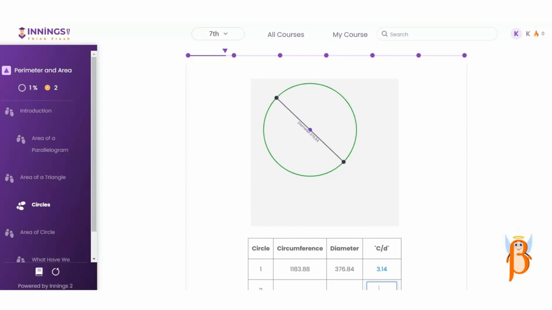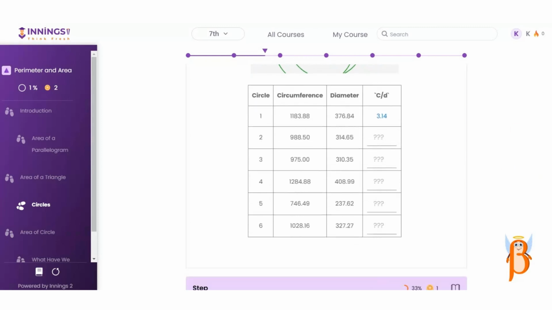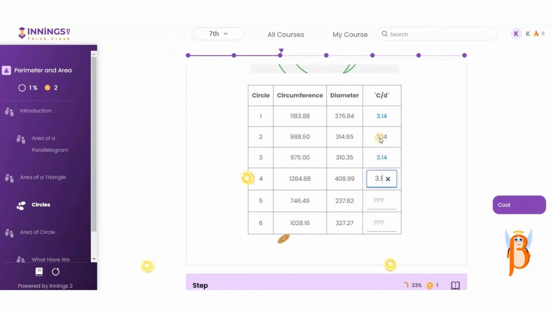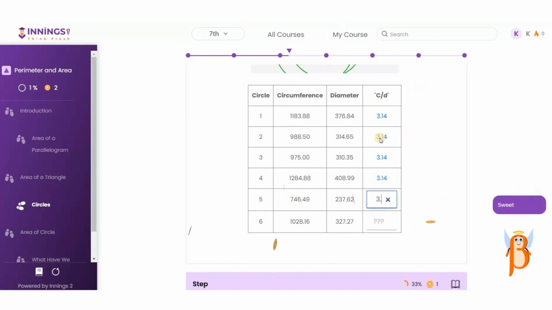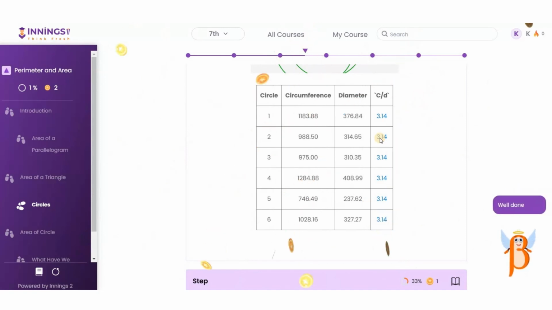Now let's do the same for a couple more circles. Calculating the ratio for all of the drawn circles, we can see that the value of C/D ratio is always going to be fixed.